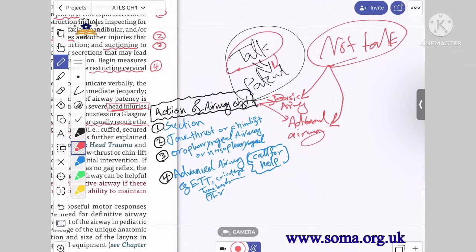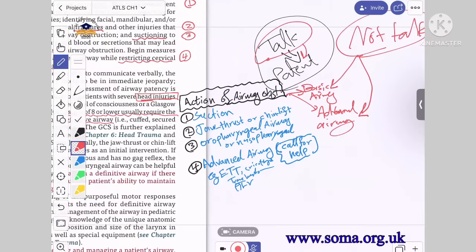Those are called advanced, starting from ETT, endotracheal intubation, to the last, surgical tracheostomy. Basic airway is your job to do. It's simple to make a head tilt, chin lift, and also to put an oropharyngeal or nasopharyngeal airway.